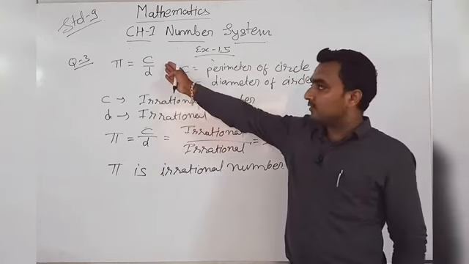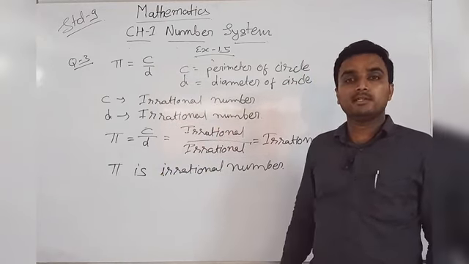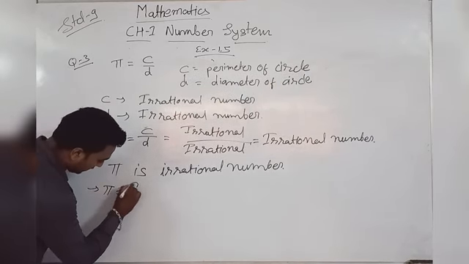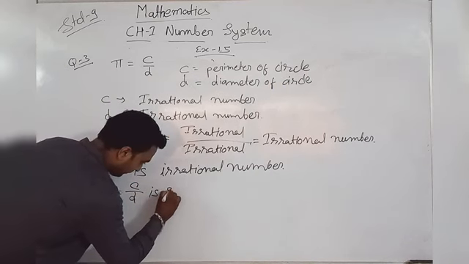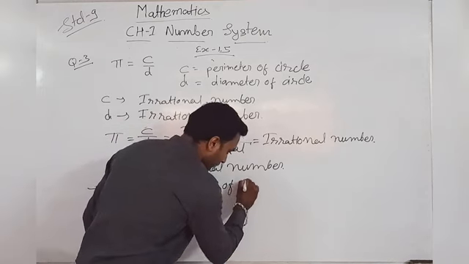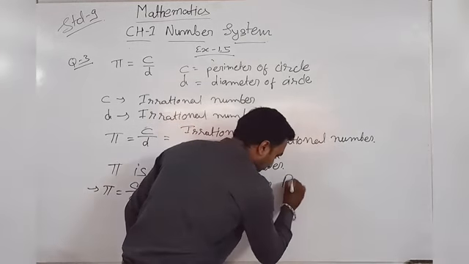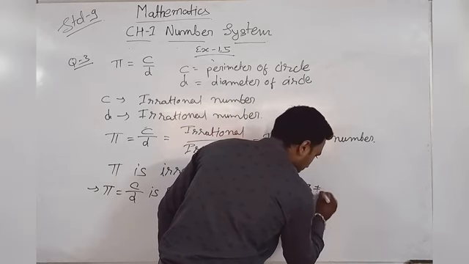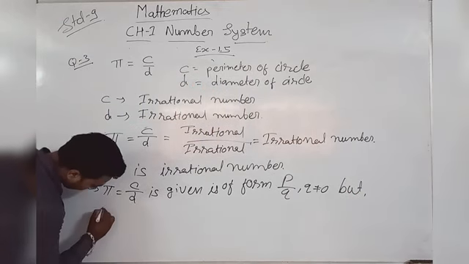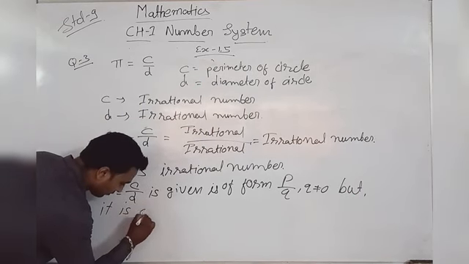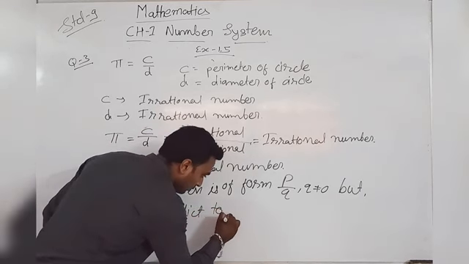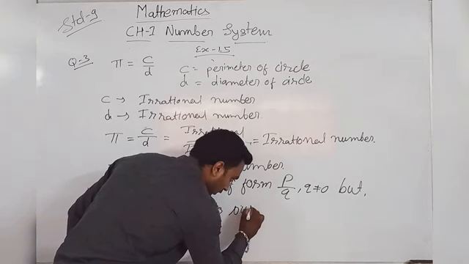Clear? Here is the contradiction: C upon D is in the p upon q form, that is, pi is equal to C upon D and is of the form p upon q, where q does not equal 0, but this contradicts our proof.